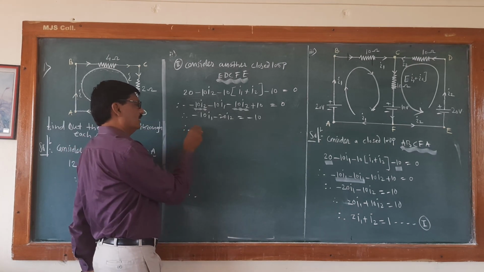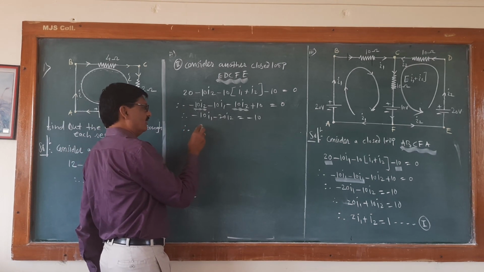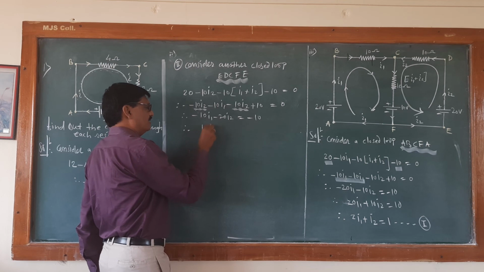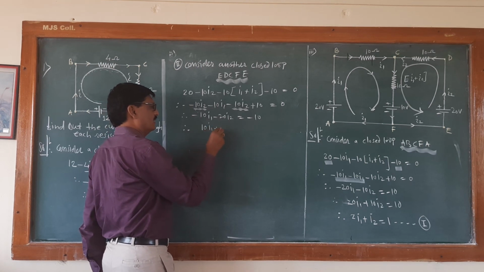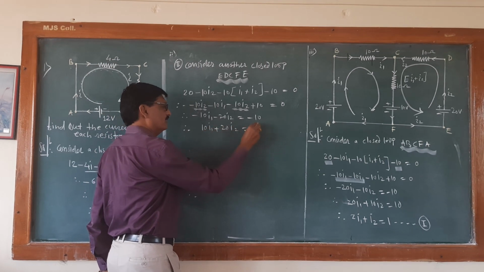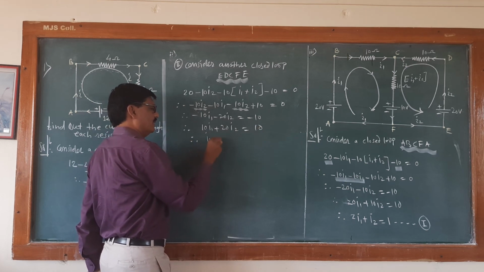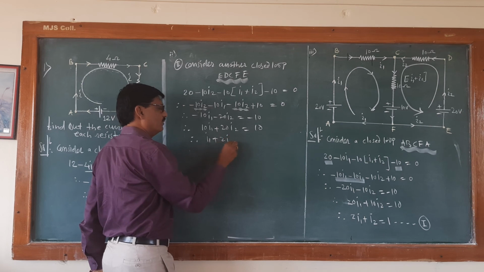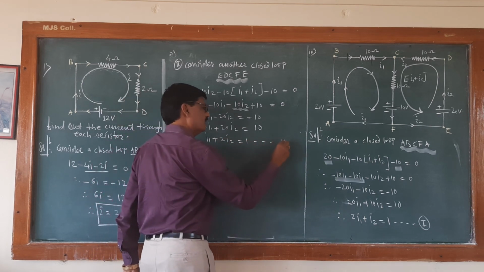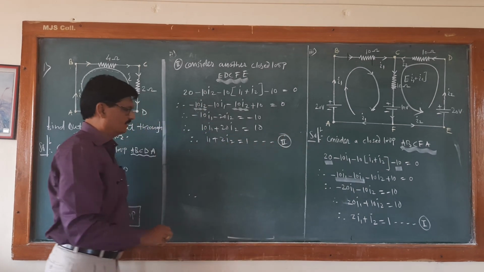From this equation we can write 10 times I1 plus 20 times I2 is equal to 10, and therefore I1 plus 2 times I2 is equal to 1. This is my equation number second.